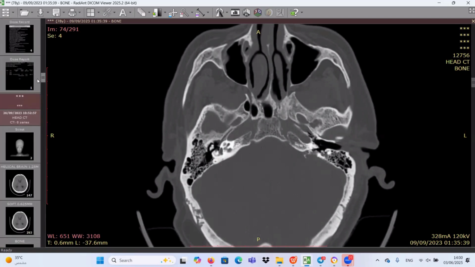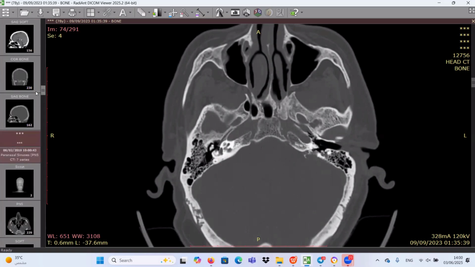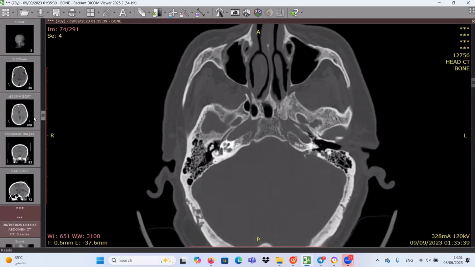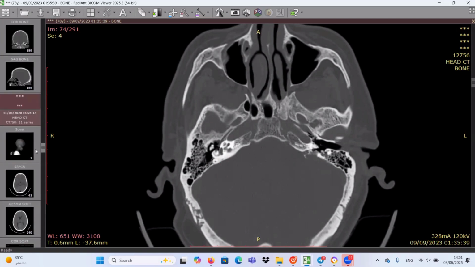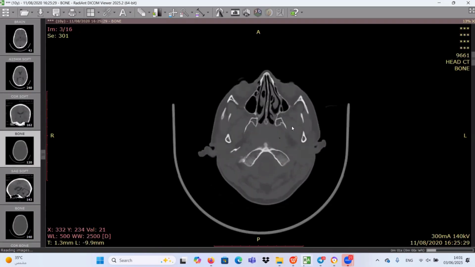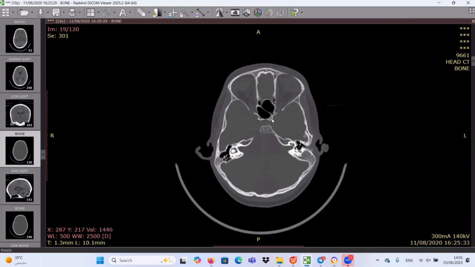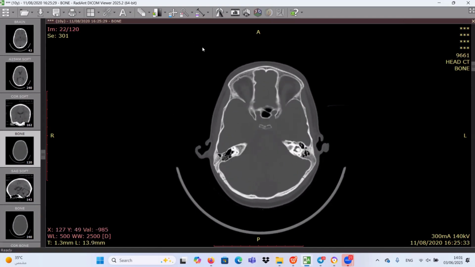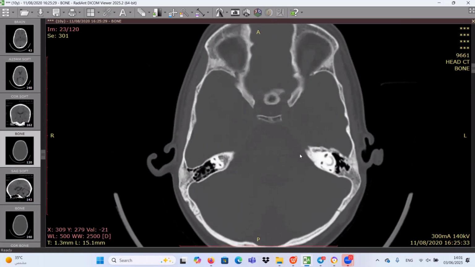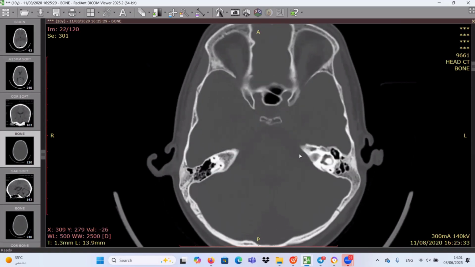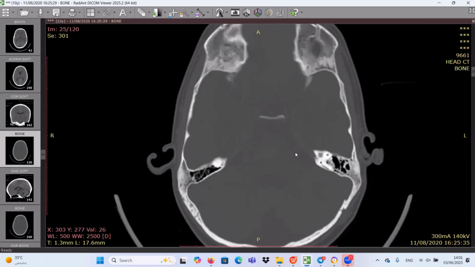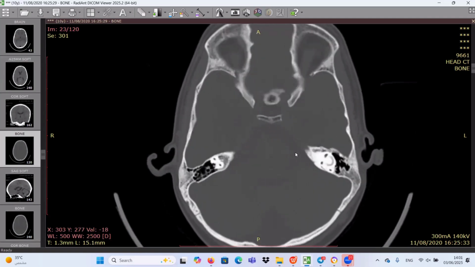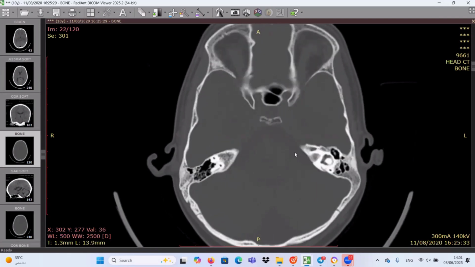Please keep with me. If you go to another case of CT brain, for example, this one, look for this area. This is the endolymphatic duct. Yes, this is the site of the endolymphatic duct and sac.